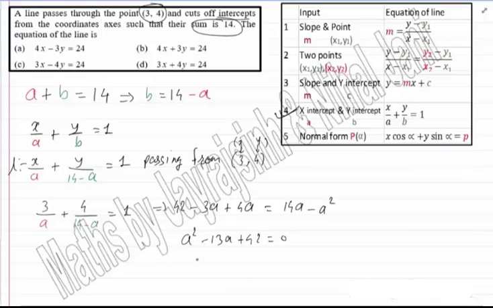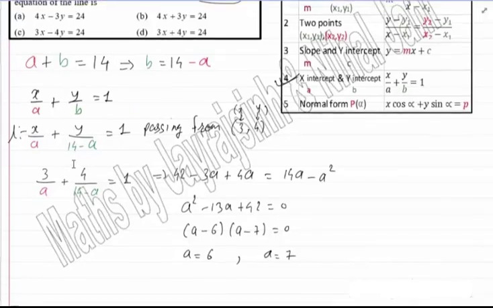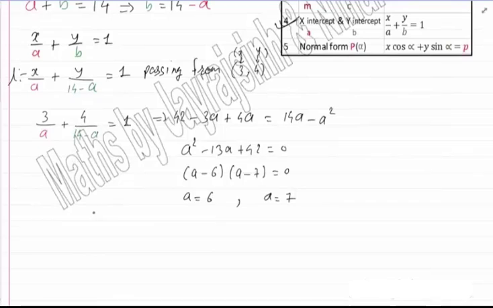Okay, now we have to make factors. (a minus 6)(a minus 7) is equal to 0, right? Which suggests that we have two values of a: a equal to 6 and a equal to 7. Let's put this value of a in our equation of line. We know that the equation of line is x upon a plus y upon 14 minus a is equal to 1.